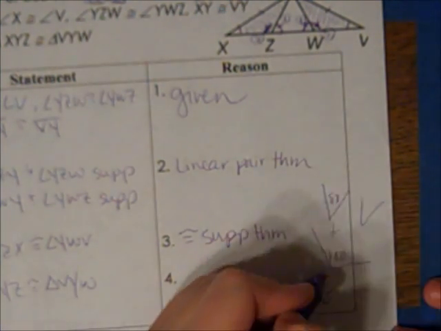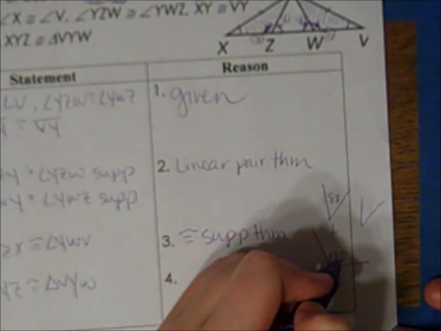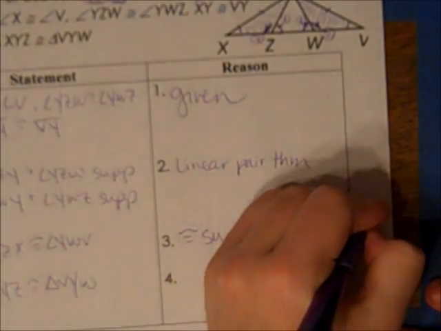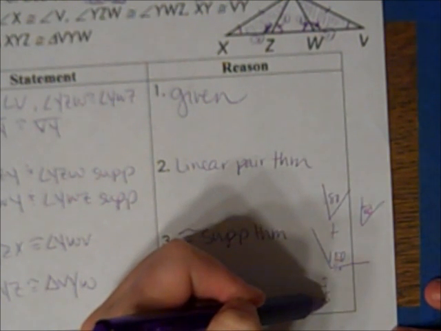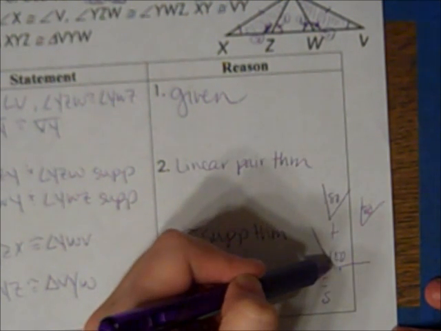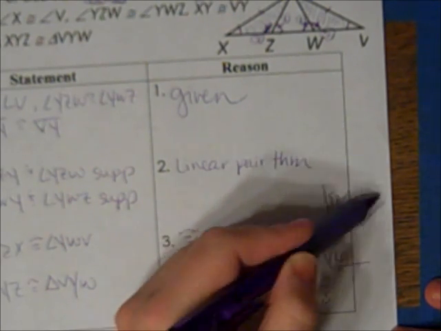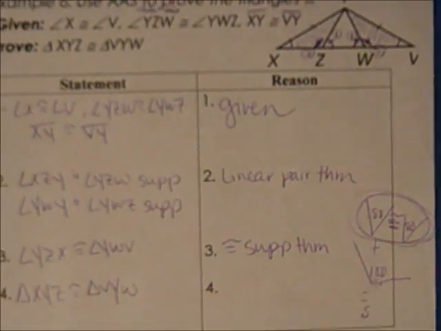If this angle is also supplementary to this guy over here on the right, he's not changing from 100, so that must mean this guy over here has to be 80 as well. So they have to be supplementary as well. So what that says is if one angle supplements two different angles, then these two different angles have no choice but to be congruent.